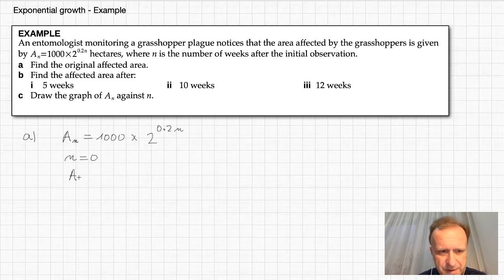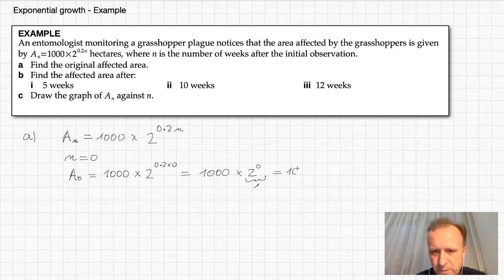So a sub 0, the original affected area by the plague, is 1000 times 2 to the power of 0.2 times 0, which is just 1000 times 2 to the power of 0. Since 2 to the power of 0 is just 1, the answer is 1000 hectares. So this is the original affected area.